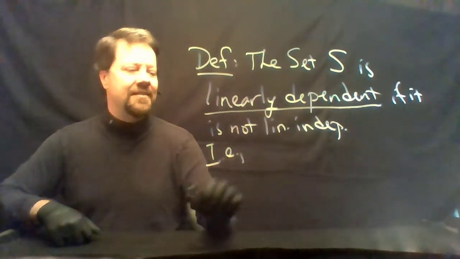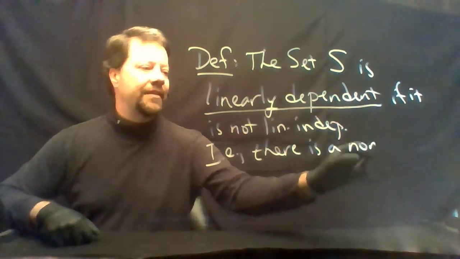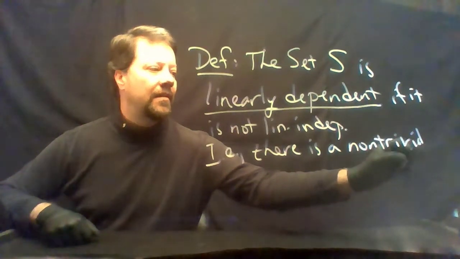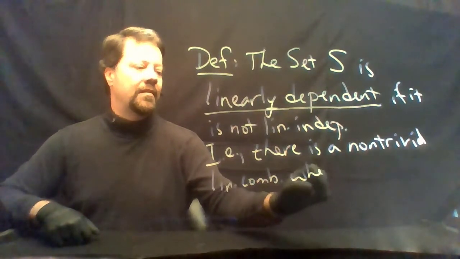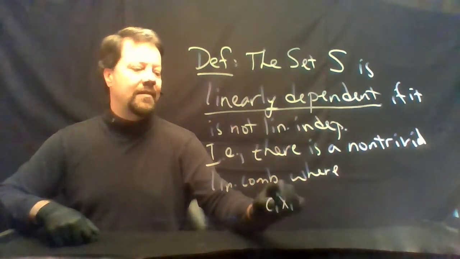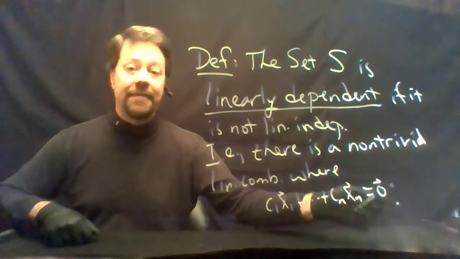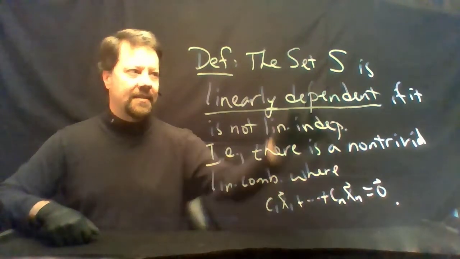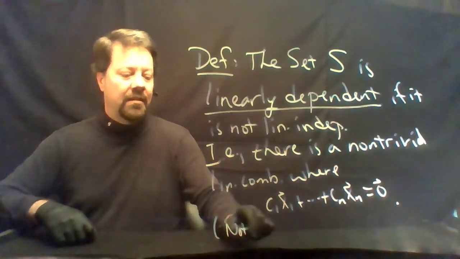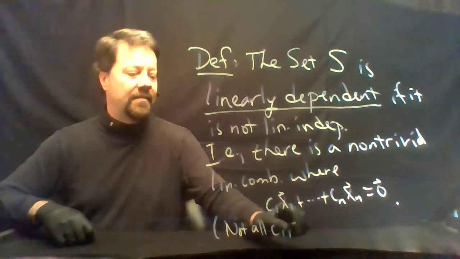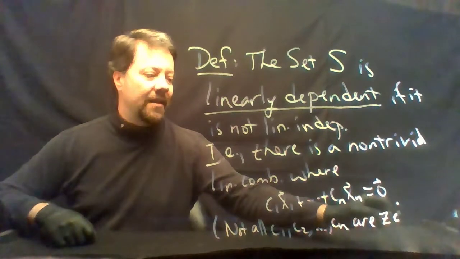I.e., id est, there is a non-trivial linear combination where c1 x1 through cn xn equals the zero vector for some finite subset within the set S. In particular, not all of the c's are 0, and that's what it means to be non-trivial.